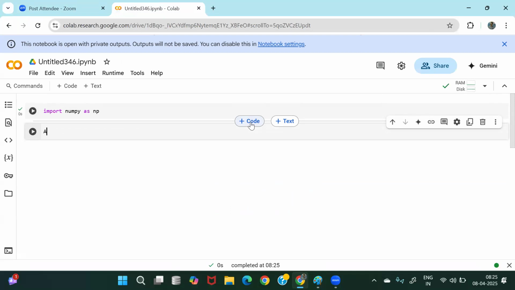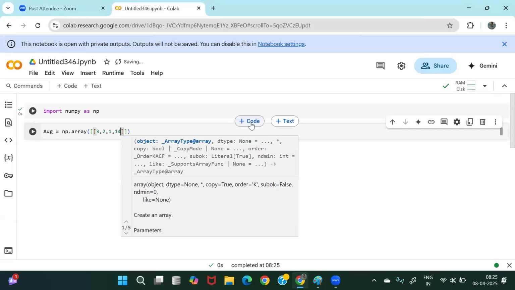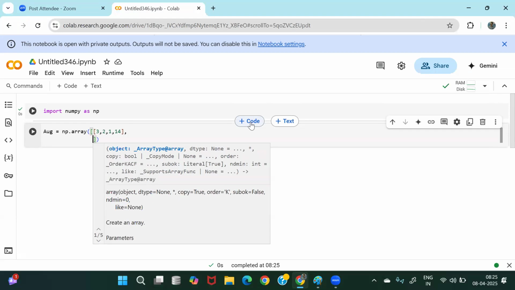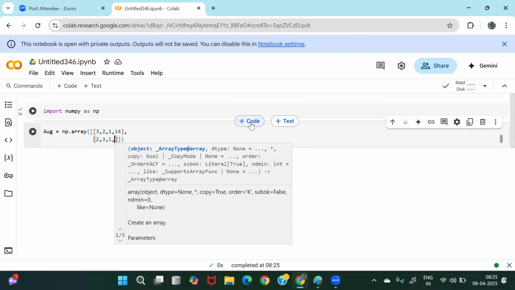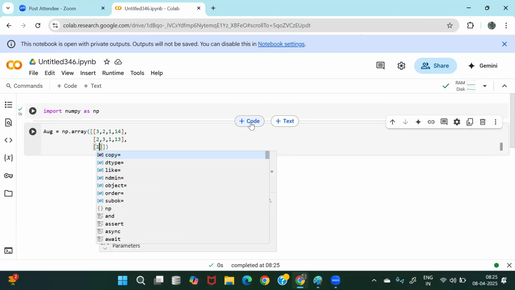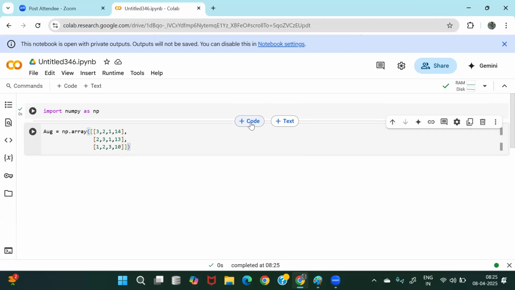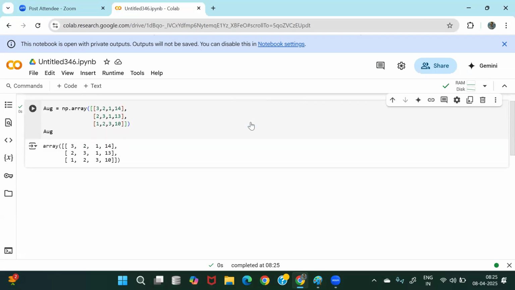So the augmented matrix with 3 rows and 4 columns. First row 3, 2, 1, 14. Second row 2, 3, 1, 13. Third row 1, 2, 3, and 10. This is our augmented matrix.